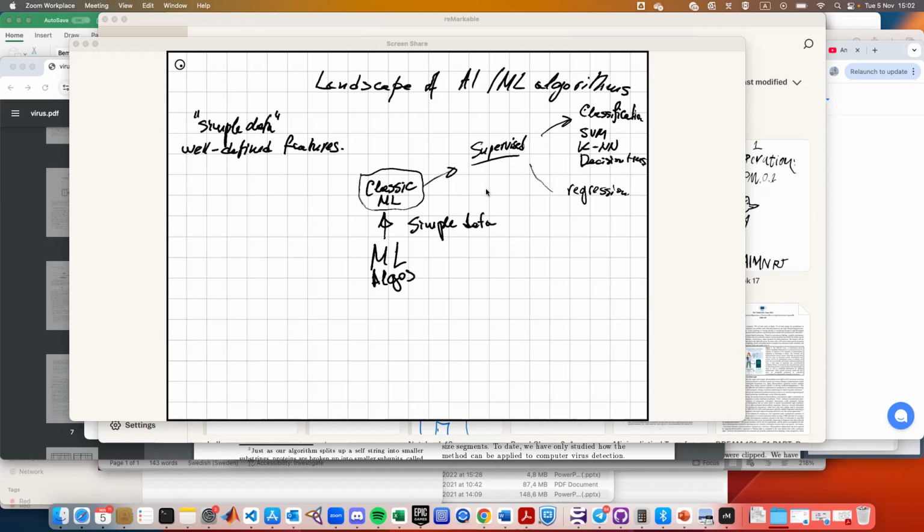So in the regression domain, these are the instances of algorithms. For solving regression tasks, we have linear regression, polynomial regression, ridge regression, and such.